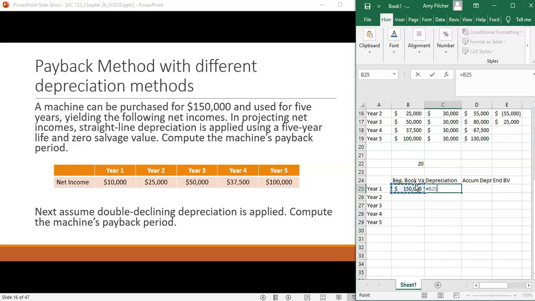Take that value times 0.4 for our depreciation amount, because we calculated 100% divided by 5 years is 20%, times 2 is 40%. That's our double declining depreciation. So our accumulated depreciation then is $60,000. And our ending book value is our beginning book value minus the accumulated depreciation. And we continue that for each year.